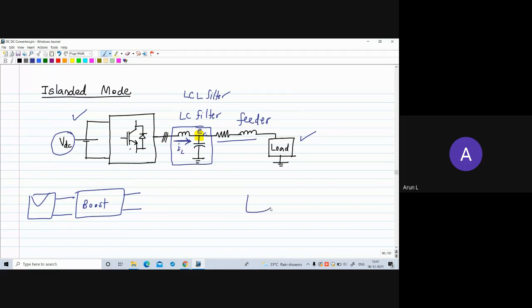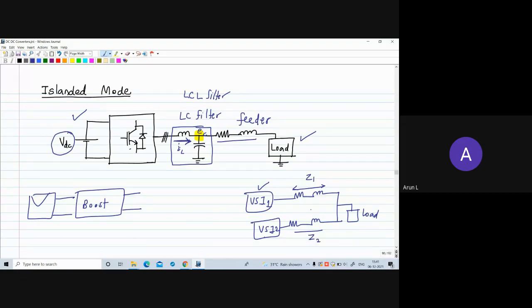When we have two VSIs feeding power to a common load through two feeders. So this is our VSI1, this is VSI2. We have two feeders feeding a common load. And if this VSI is at a longer distance, then this feeder impedance will be higher. Suppose this is Z1, and this VSI2 is closer to the load, then this will be Z2.